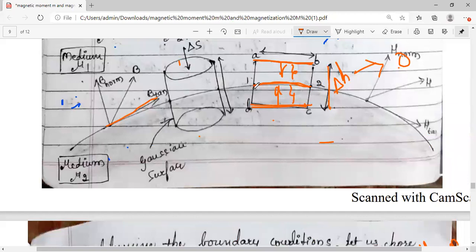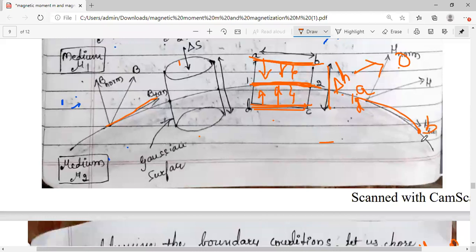AB and CD lines will become very, very close to the line 1 2, and they will coincide. That means AB and CD lines will overlap on 1 2. Now this point indicates A also, 1 also, D also.